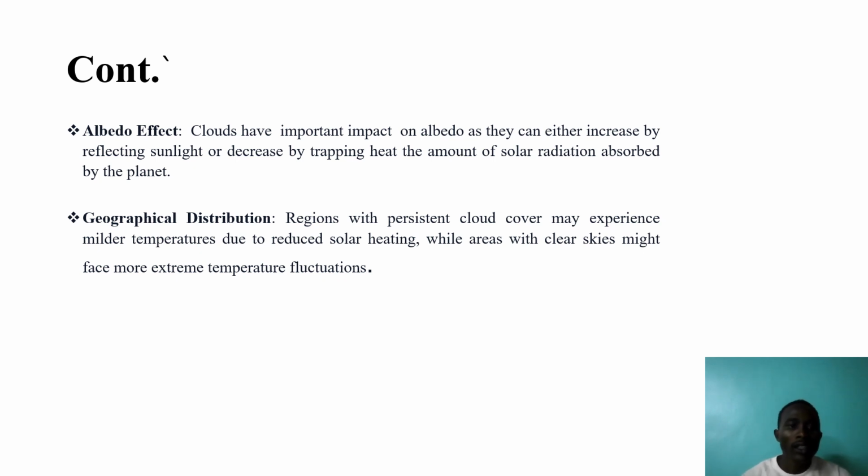This means that places with cloudy cover may have moderate temperatures, reduced by clouds, while places with clear skies may have higher temperatures, because there are no clouds to reduce the solar radiation reaching the earth's surface.